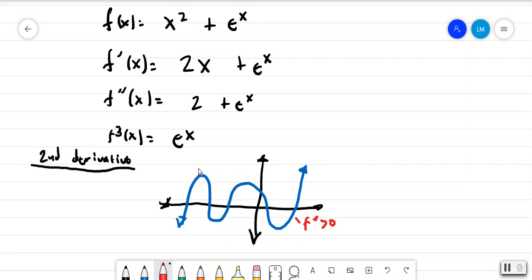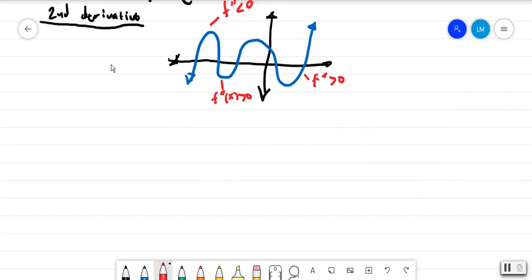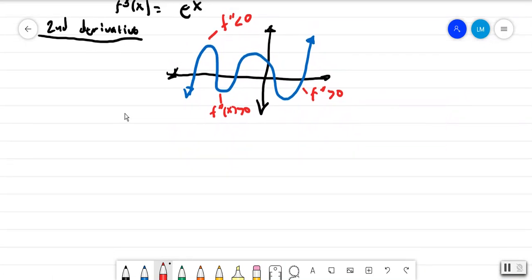Over here, the second derivative is actually negative. And then similarly, over here, it's positive. Okay, now there are ways to find whenever this happens. For concave down, we'll just use something like that, and for concave up, we'll call that.